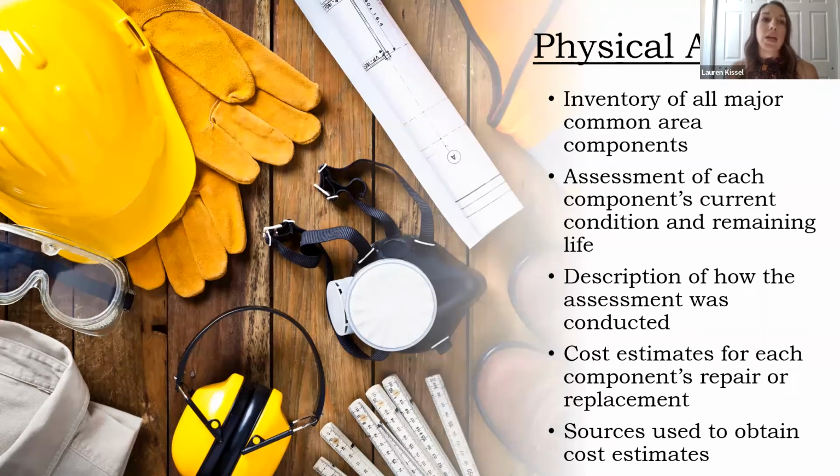So for example, if you just recently replaced a boiler, I think a boiler has about a 50-year lifespan, that might not appear on your reserve study because it's not slated to be replaced within the next 30-year time frame. We do recommend that reserve studies are updated every 3 to 5 years to keep them current. Especially when you're doing a lot of capital reserve projects and replacement projects, it'll change the financial component of it, which we'll get into a little later.